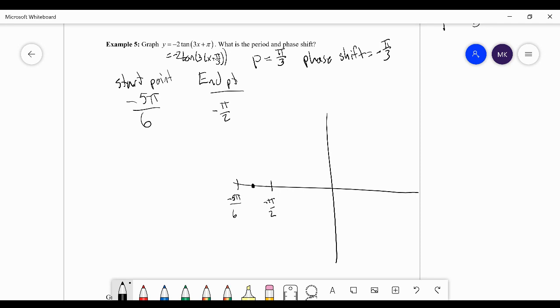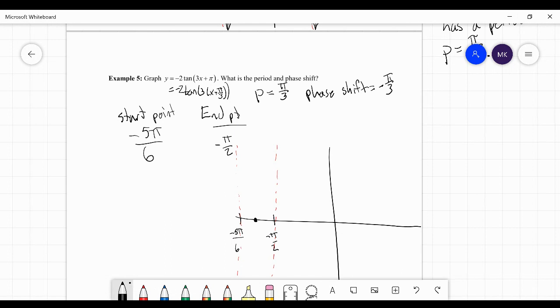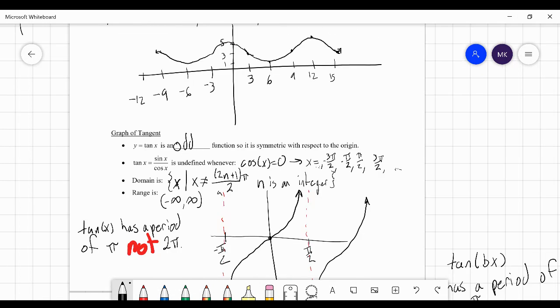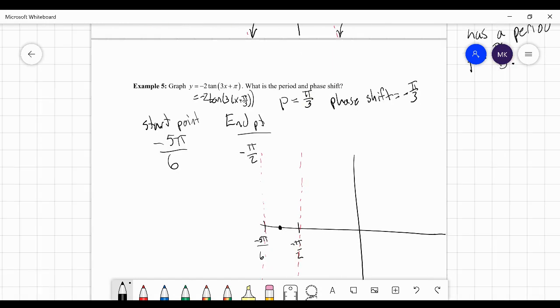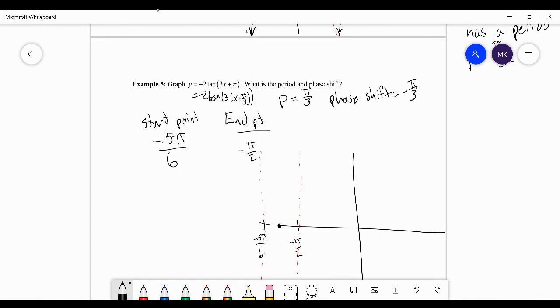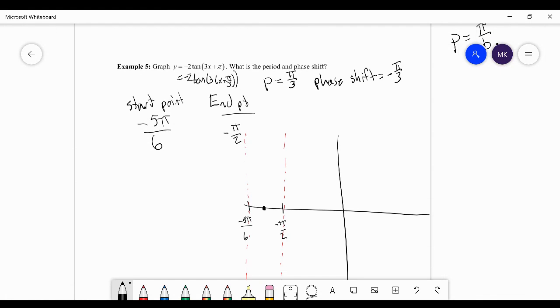At these values we have these vertical asymptotes. Now, the normal tangent function starts down in the lower left and goes up to the upper right. However, this function has an a value of -2, so it's flipped. It means we need to start up here and go like that.